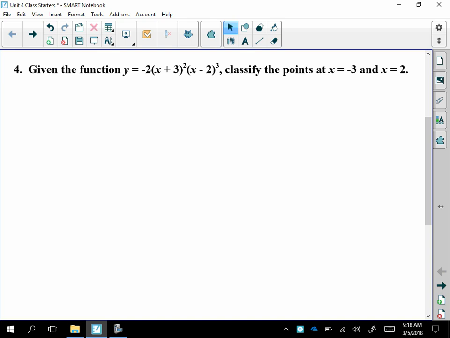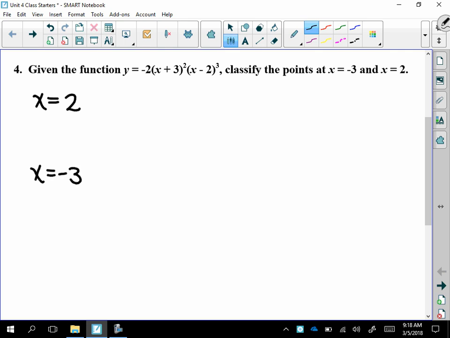It says, given this function, where y equals negative 2 times the quantity x plus 3 squared times x minus 2 cubed, I want to classify the points at x equals negative 3 and x equals 2. And when I say classify, I simply mean name them, describe them, anything that you would know about the points at each of those x values.